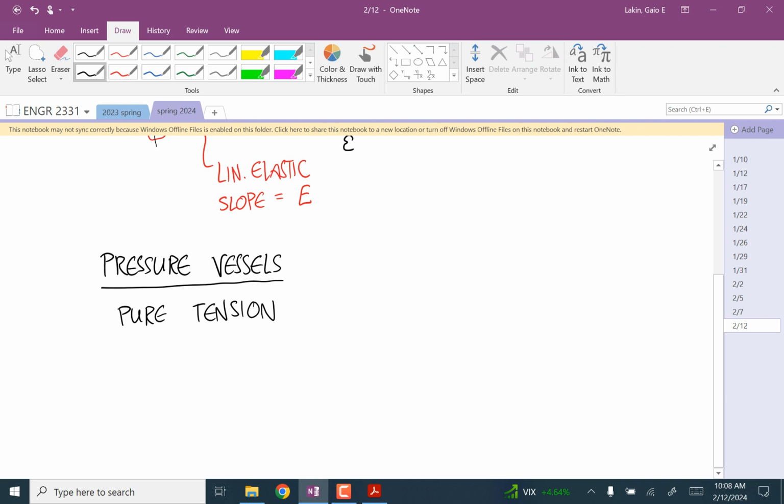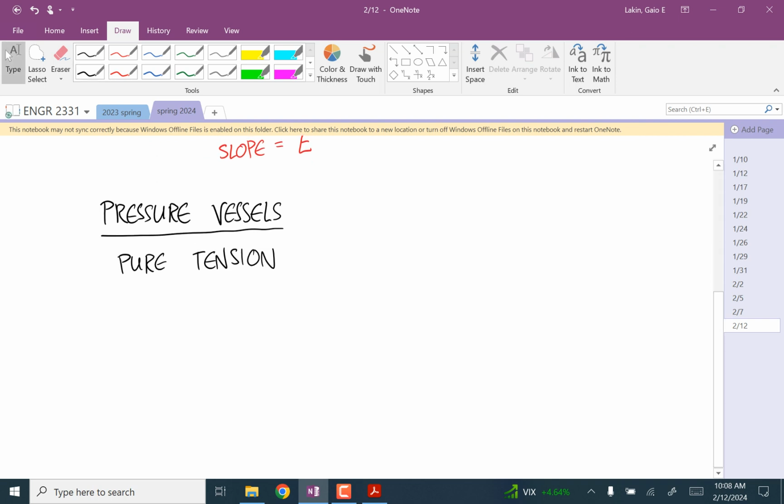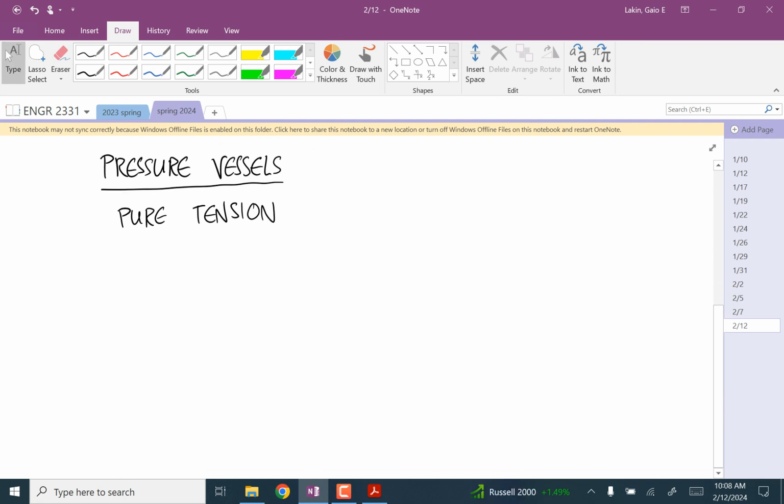And really, for our purposes, it's going to be pure tension because we're going to imagine that these vessels have the high pressure on the inside and are trying to resist explosion. And we're going to have two cases.